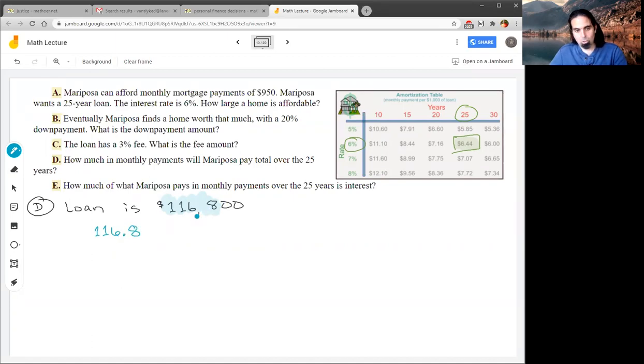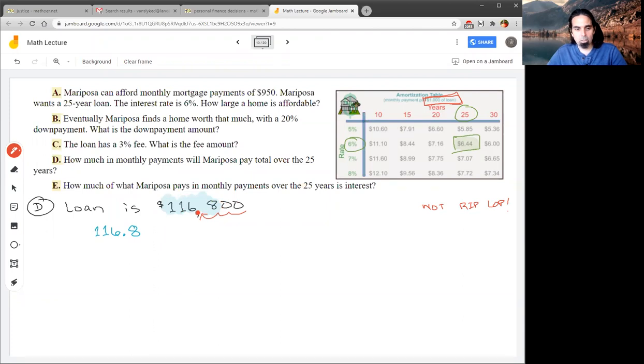This is why I warned you about that. You can think of it as taking 3 scoots there to turn counting by ones into counting by thousands. This is not riplop. Don't think we're doing anything about percents right now. We're not. We're just saying that this table is based on $1,000 of loan, so we need to count by thousands.